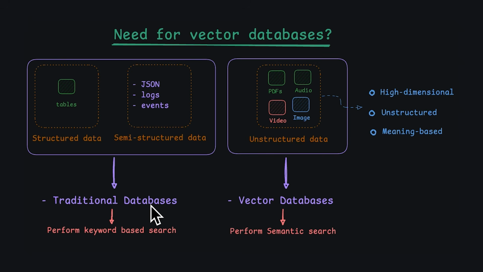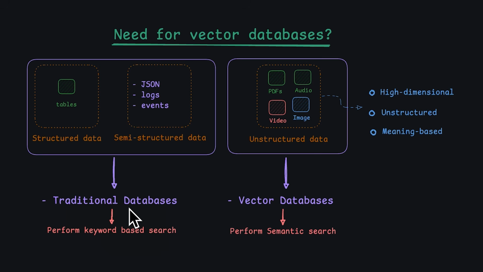Now you might ask, what's the problem with traditional databases? Why are we not able to search this unstructured data inside traditional databases? Because traditional databases perform keyword-based search. They are optimized for exact matches.